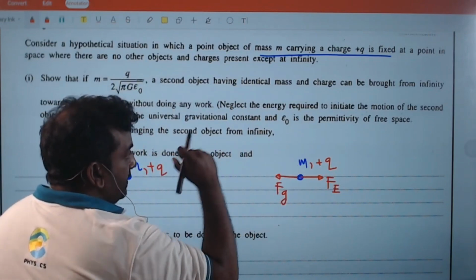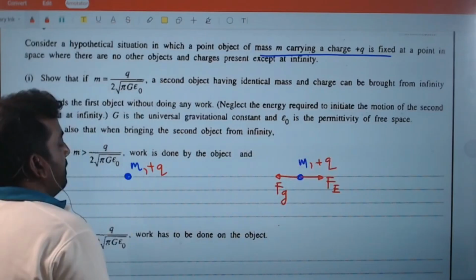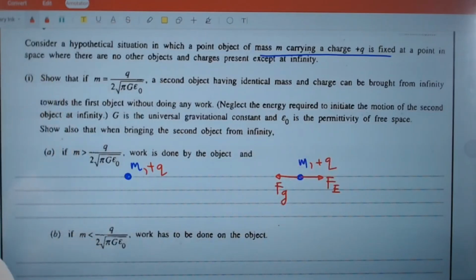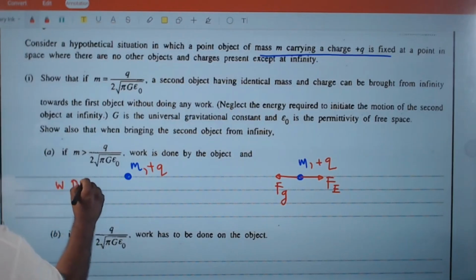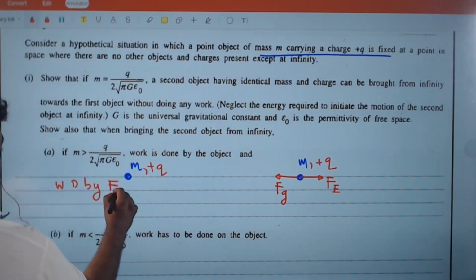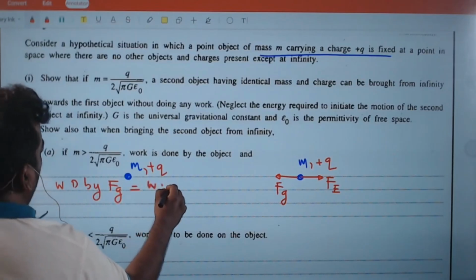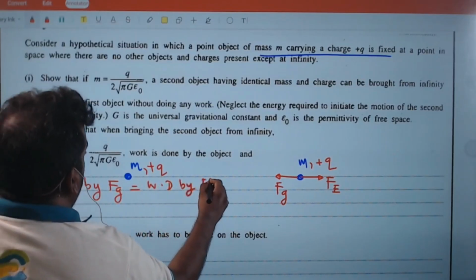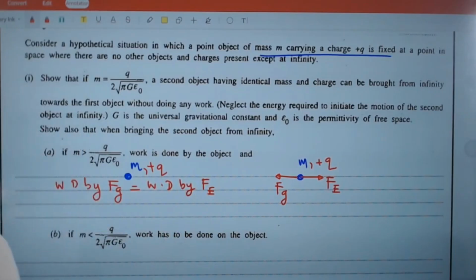Work done by external force equals work done by resistive force. So work done by gravitational force equals work done by electric force.